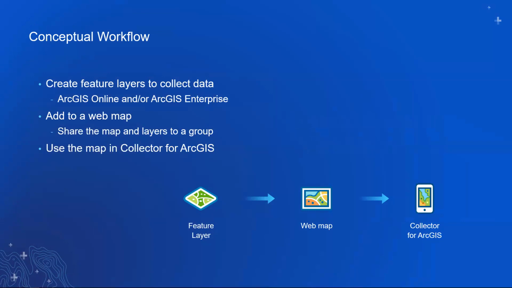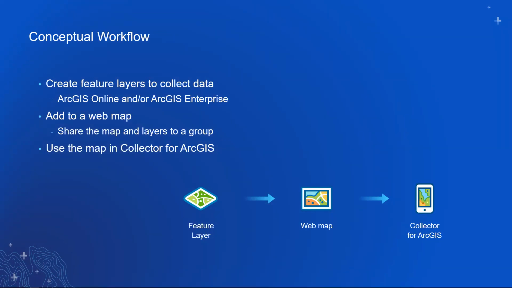Well, the first thing, and probably the most important thing, is that you need to create a feature layer to collect data with. That can be done either in ArcGIS Online using some of our templates, which are completely out of the box and industry specific, but they don't tie you to a particular schema.